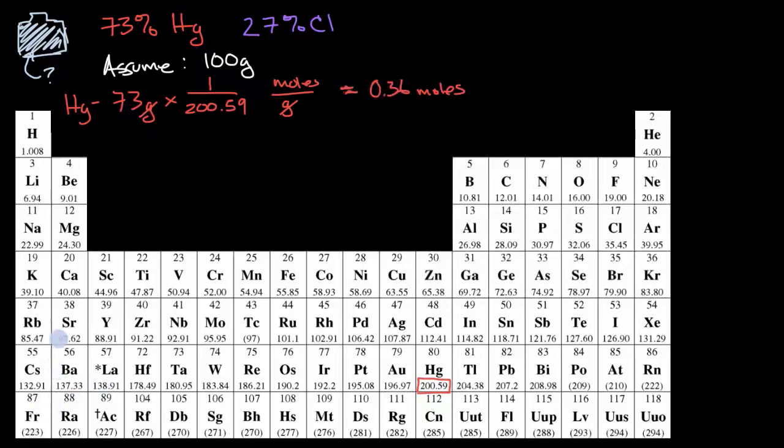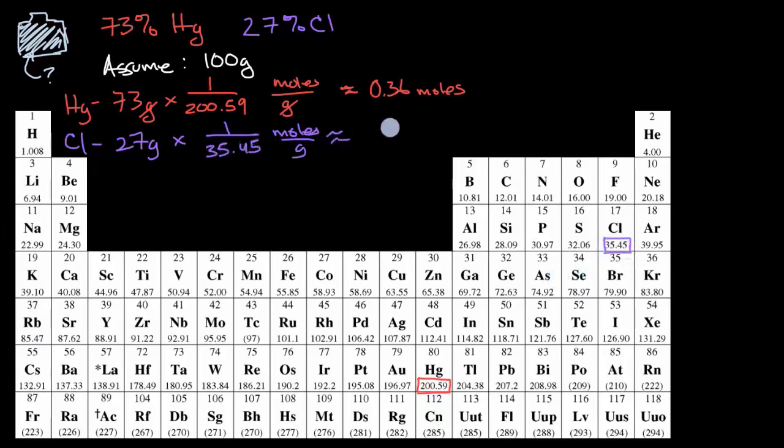And I can do the same thing with chlorine. Chlorine, if I have 27% by mass, 27% of 100, which I'm assuming, is 27 grams. And then how many grams per mole? If I have 1 mole of chlorine, on average on Earth, the average atomic mass is 35.45 grams.